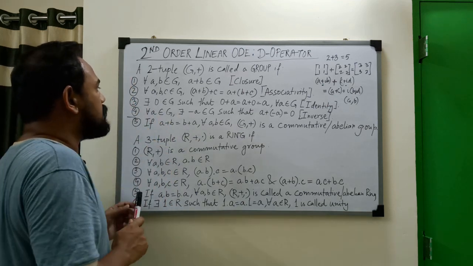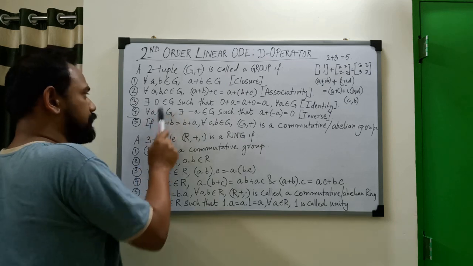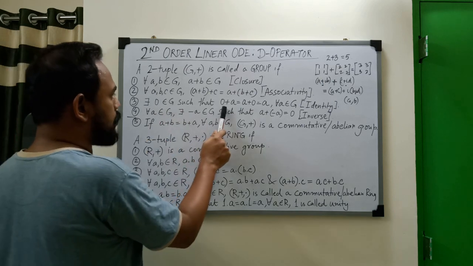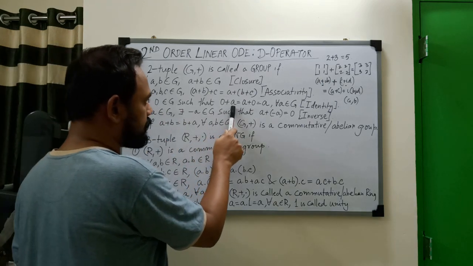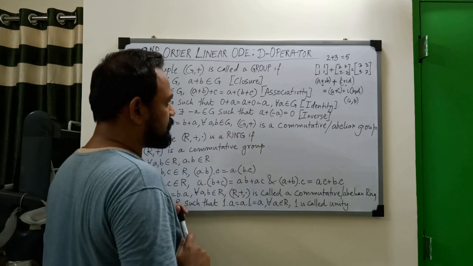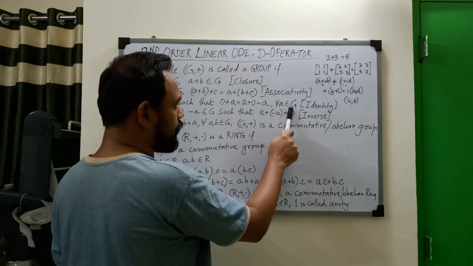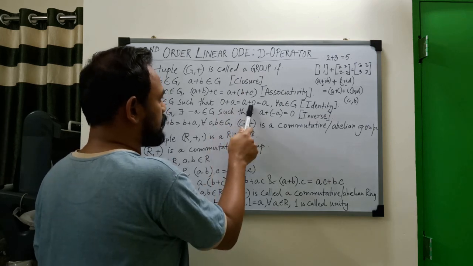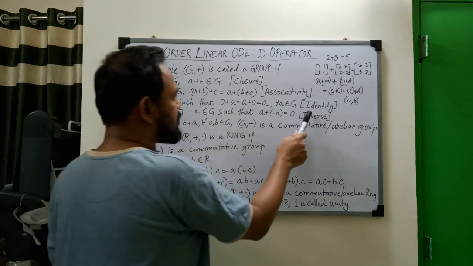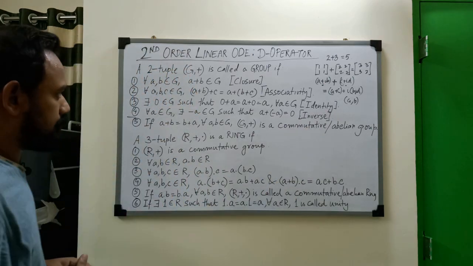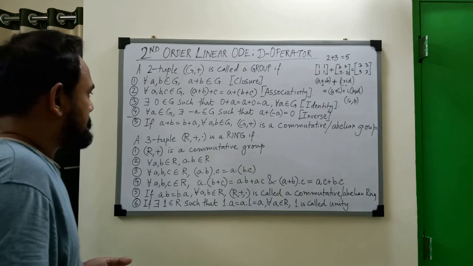If you have an element, which I'm writing like 0 for the moment, such that if you add it to any element A from both left and right, you still get A, for all elements, then that special element would be called an identity. Okay? And we use the symbol 0 for the identity.